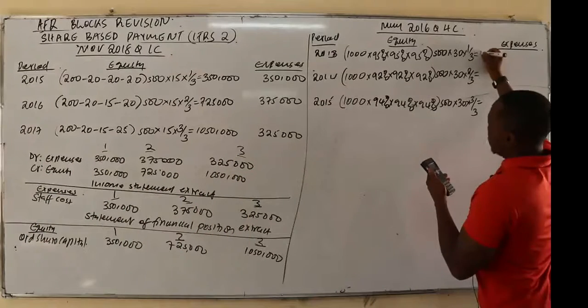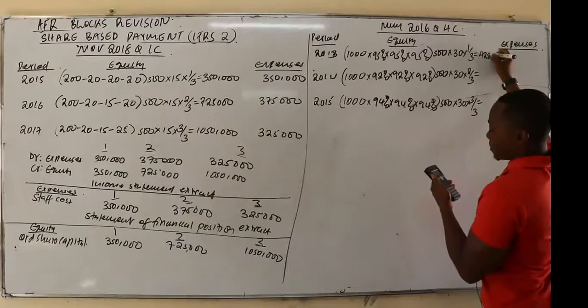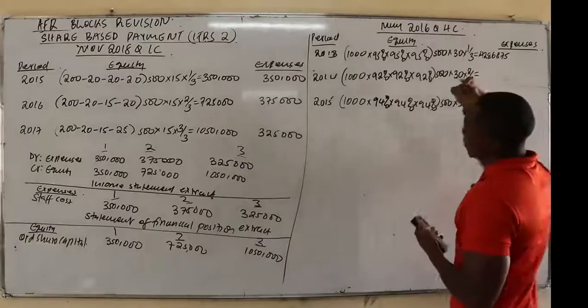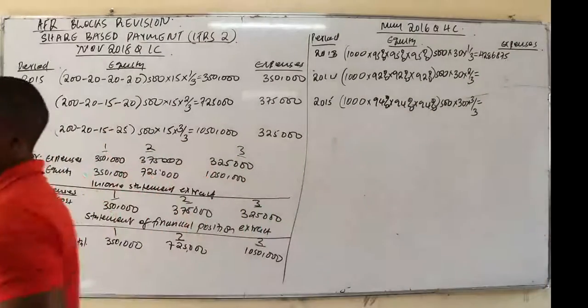So here you have 428,675. You do it for the second year and the third year, and then you get the expenses. And then you know how to treat them.